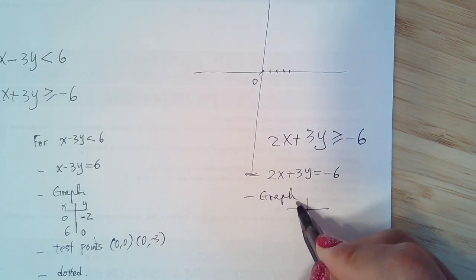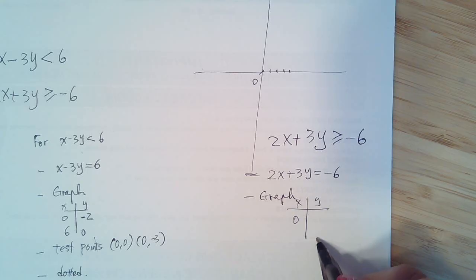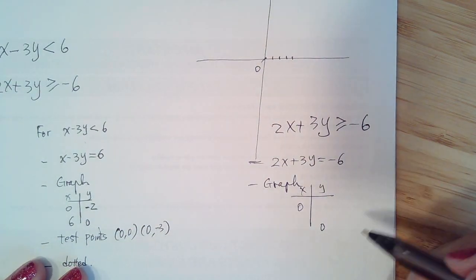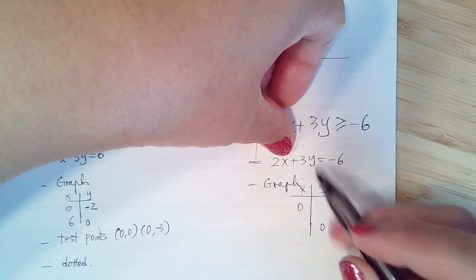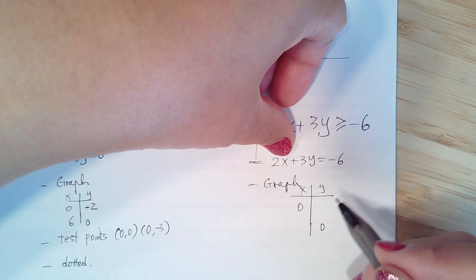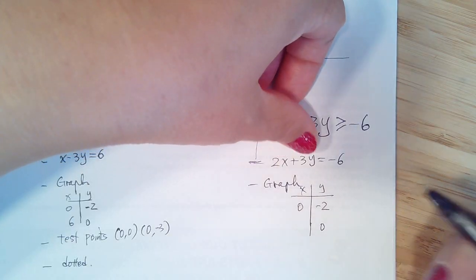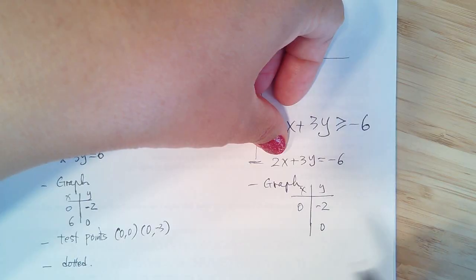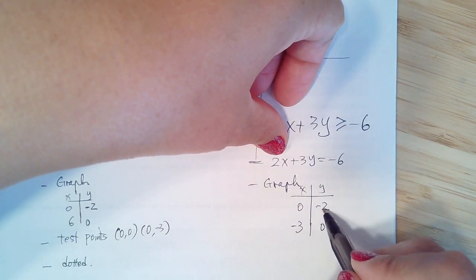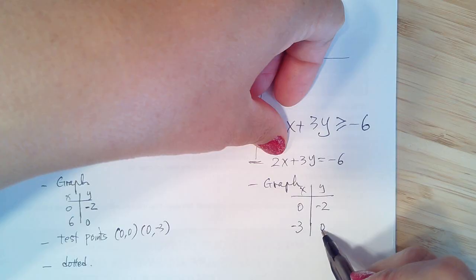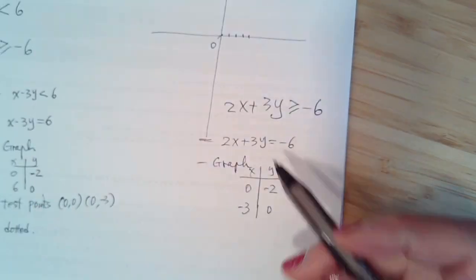When x equals 0, 3y is negative 6, so y will be negative 2. When y is 0, x will be negative 3. So I have 0, negative 2, and negative 3, 0.